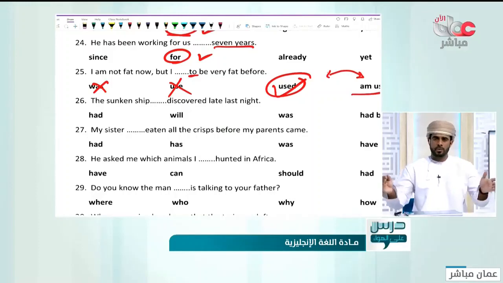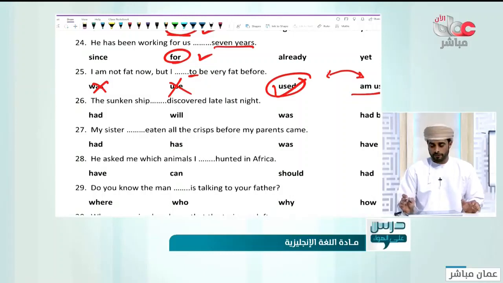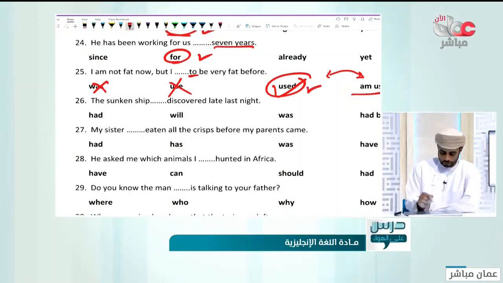I get used to it. It's okay. I do my work and I do my life and it's okay. I am fat, I am used to it. It's okay with me. But if I said I used to, it means that I was in that case before. But right now I'm not fat anymore. So the correct answer is used to. Nice.